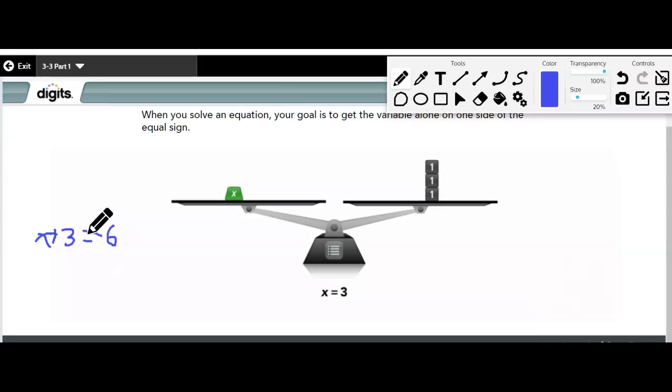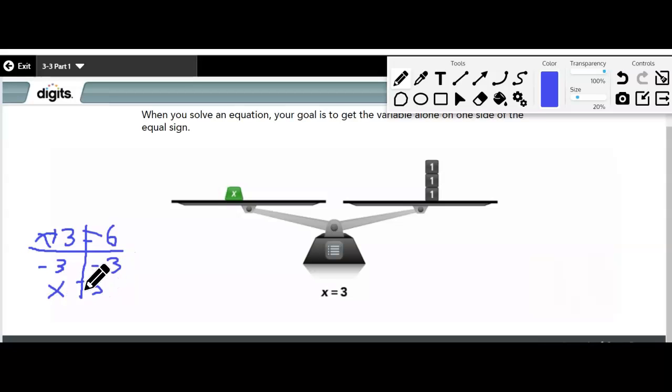A T-chart is when we put a vertical line through our equal sign and a horizontal line underneath our equation. Just like they did, we subtract 3 from both sides to get the variable by itself. So x plus 3 minus 3 gives us just x. And 6 minus 3 is 3.